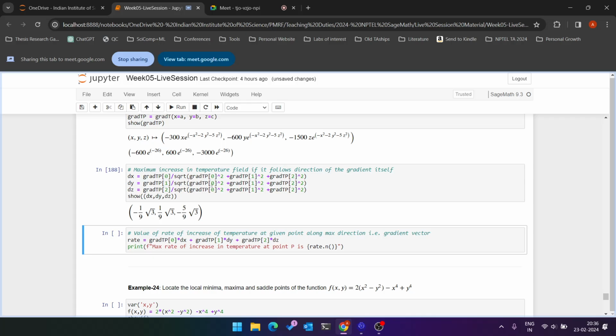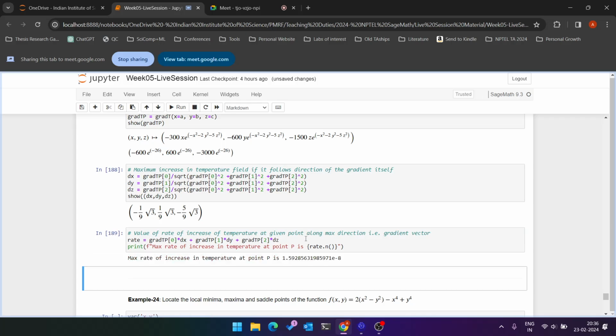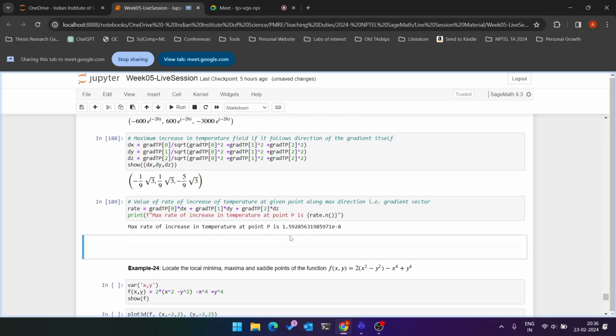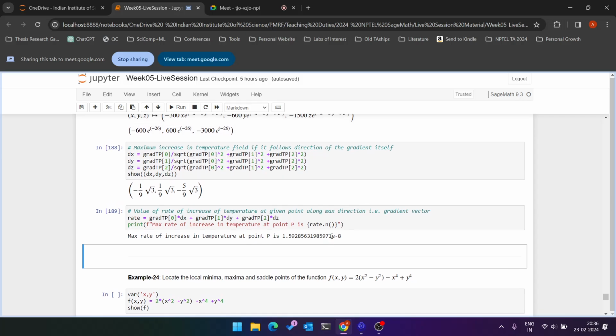So this is how our direction vector looks. The maximum rate of increase is the dot product of these two. So the maximum rate of increase in temperature at the point P is 1.59 times e raised to a very small negative power.